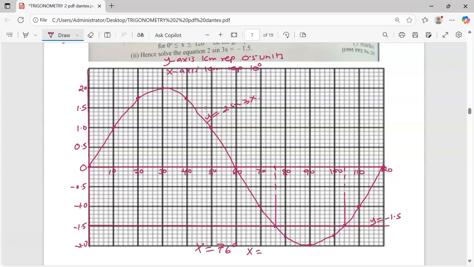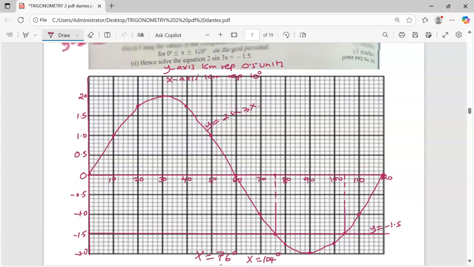And the other value of x is going to be, this is 100. This will be around 102. 100, not 102. It is going to be 104 degrees because we have 5 units representing 10, and therefore one small box is 2. Since we have 2 here, we are going to have exactly 104 degrees, and that becomes the answer to this particular question.